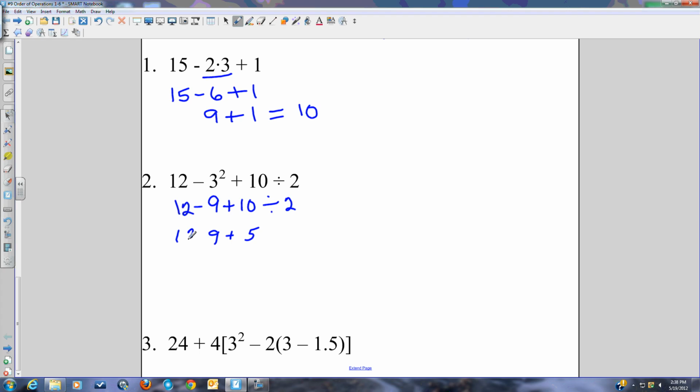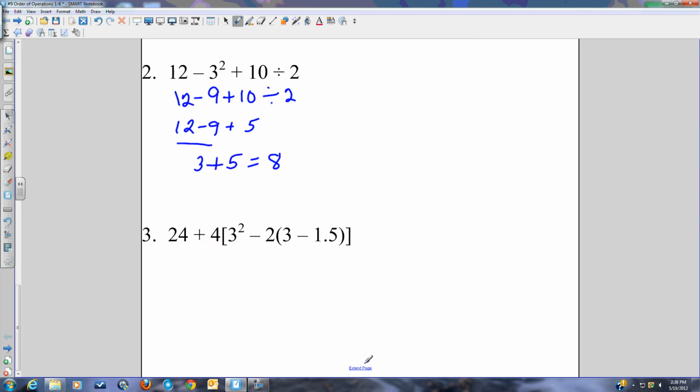Again, we do addition and subtraction from left to right. Subtraction's furthest to the left, so we do 12 minus 9, which gives us 3, plus 5 gives us 8. And I do want you to write these out step by step, just the way I'm doing them here, and then that way you're less likely to make an error.